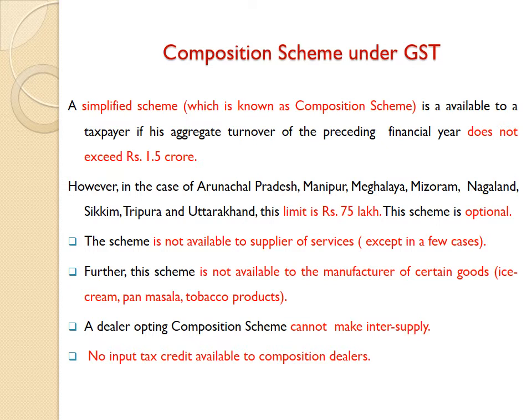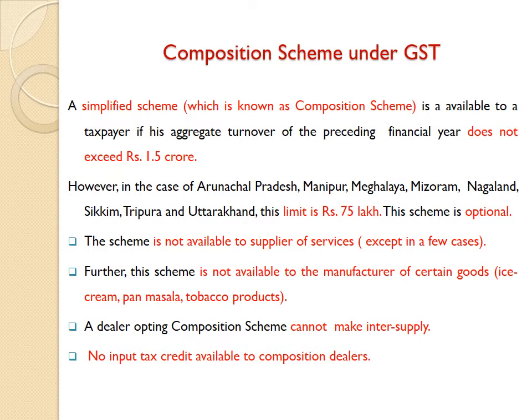Another part, composition scheme under GST. A simplified scheme, known as the composition scheme, is available to a taxpayer if his aggregate turnover of the preceding financial year does not exceed rupees 1.5 crore.